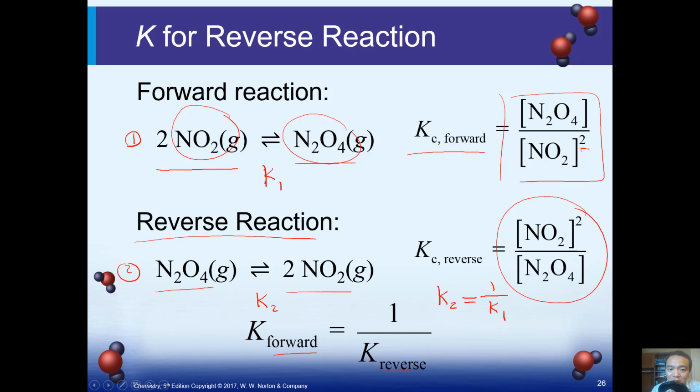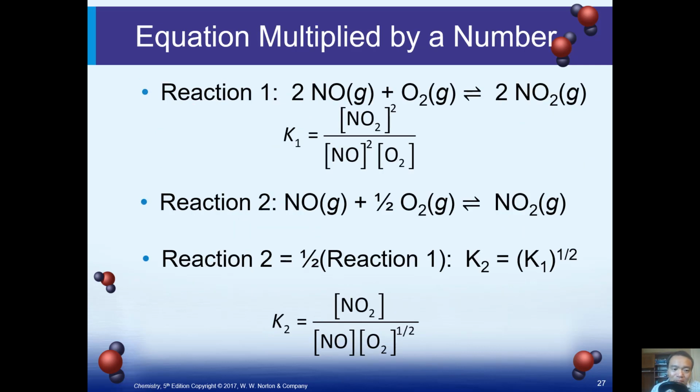That's the first relationship. The second one: if you multiply the original reaction by a certain number, for example, let's multiply the first one by a half. When you do that, reaction 2 will have K2 equals K1 raised to a half, which is the number you just multiplied by.